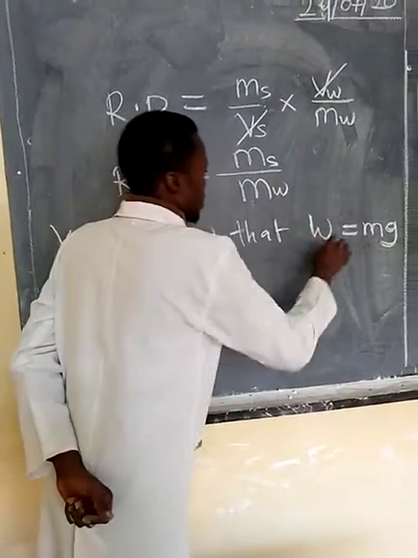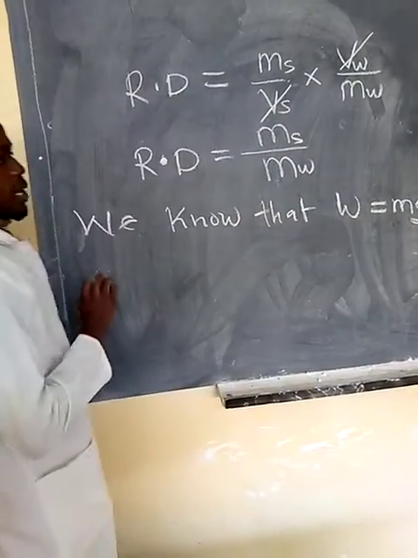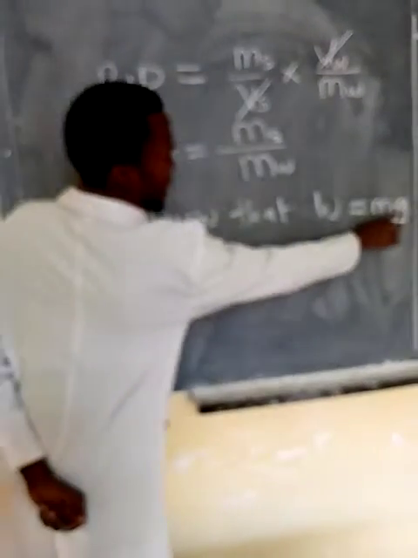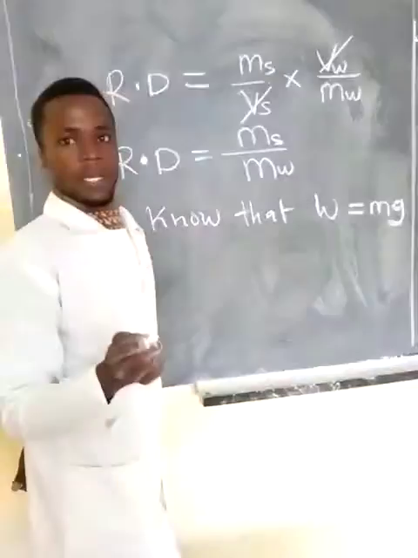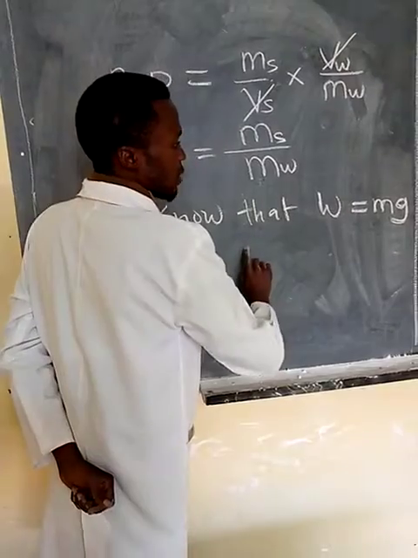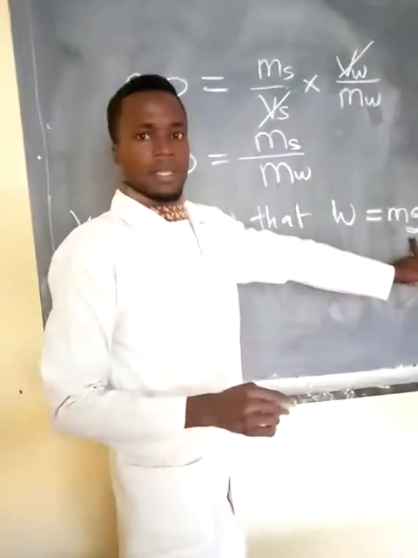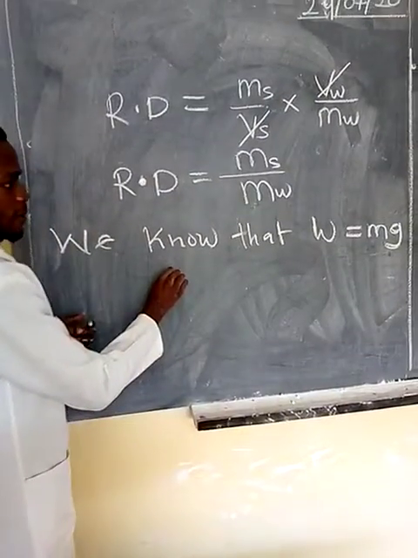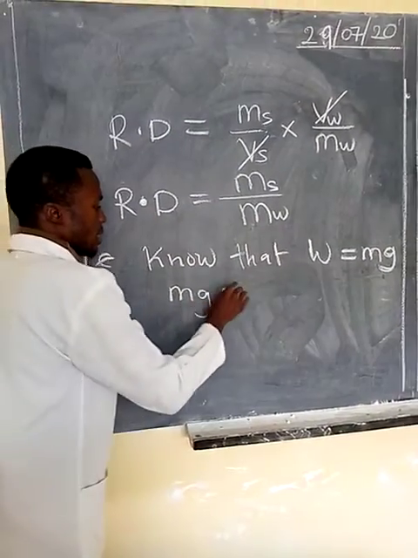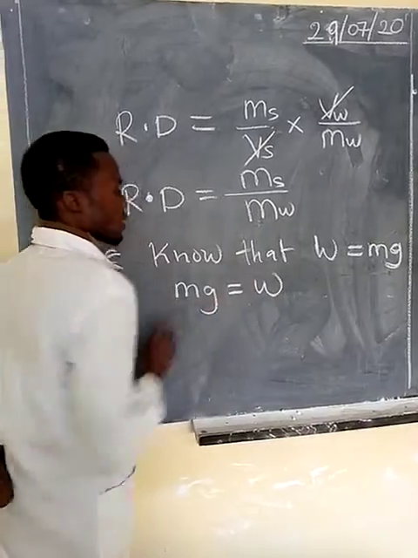Good. Now, if weight is equal to that, we make m the subject of the formula, since mass can be gotten from this formula, where mg is equal to the weight.